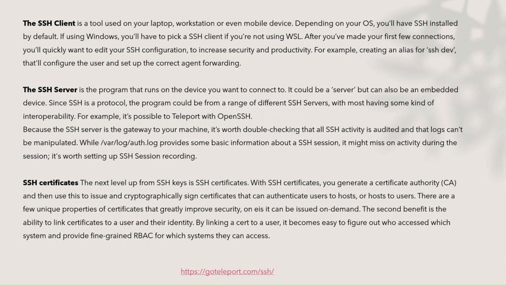The SSH client is a tool used on a laptop, workstation, or even on mobile devices. Depending on the OS, you will have SSH installed by default. If using Windows, you will have to pick an SSH client if you are not using WSL.